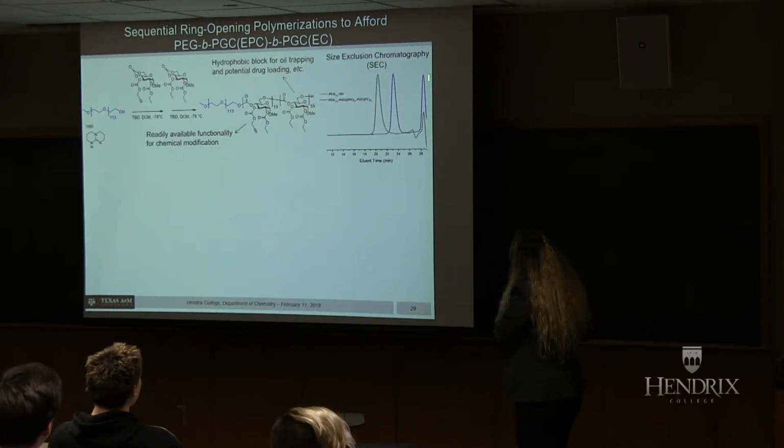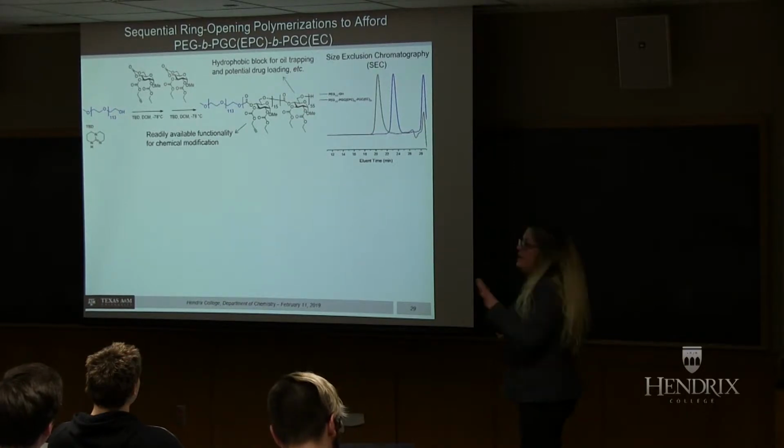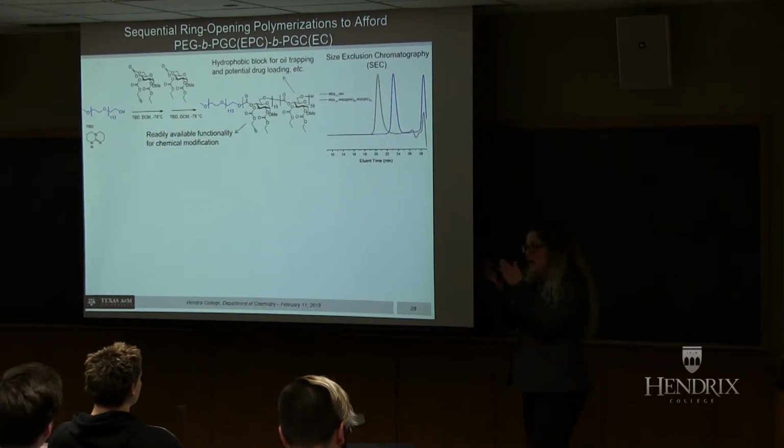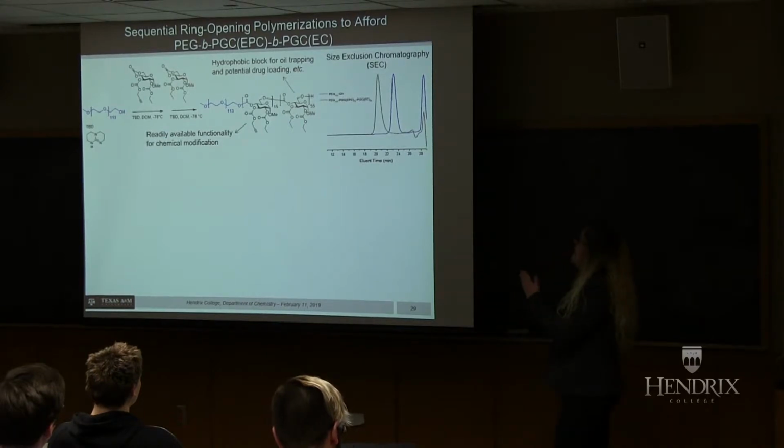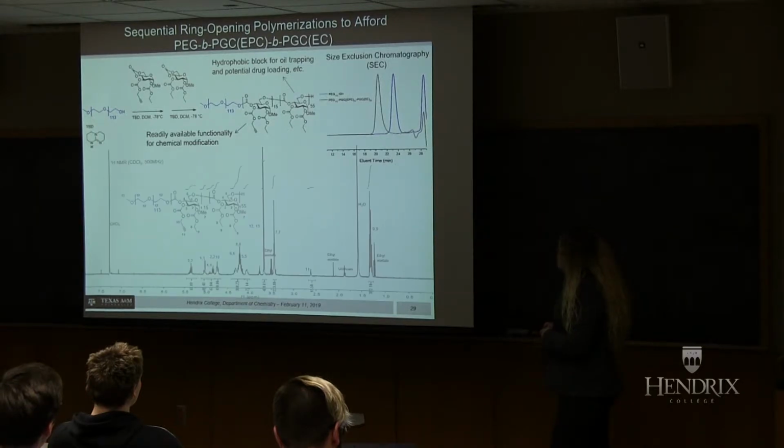So these are some solvent signals, and then here we have the starting macro initiator, and then here's the block polymer after growing those two segments. And the narrowness of these peaks indicates that the polymerization was well controlled. The shift to shorter elution time indicates that the polymer is longer or occupies larger size after the chain extension.